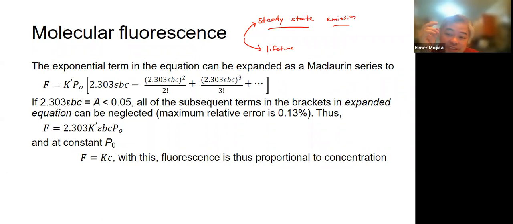So the lifetime, that's the time it takes for the electron to go from the lowest vibrational state of the excited state to the ground state. Okay? What is the lifetime of fluorescence? Any idea? How long is fluorescence?